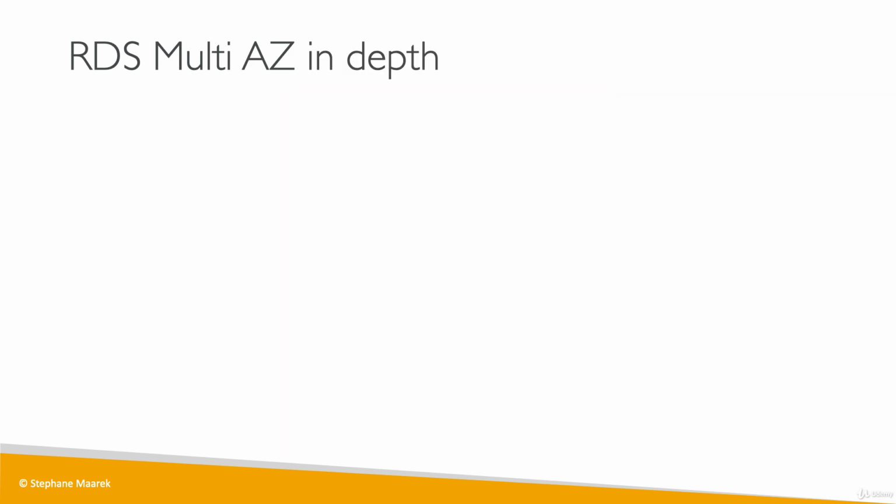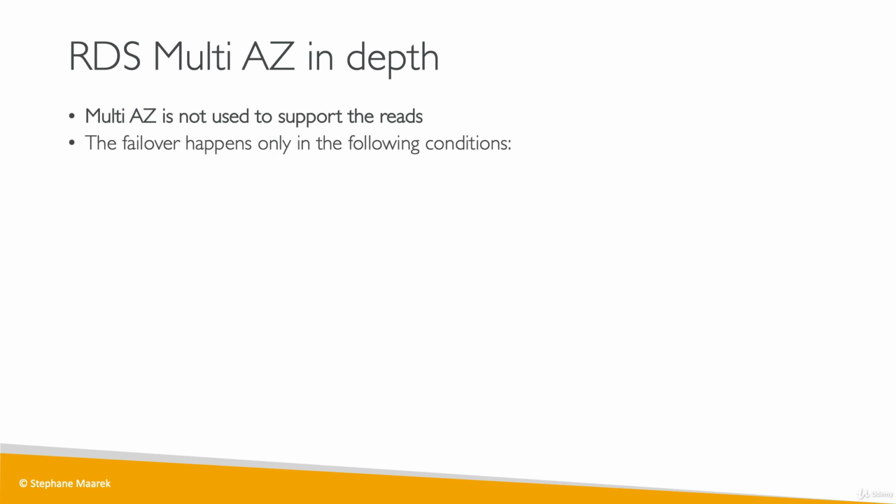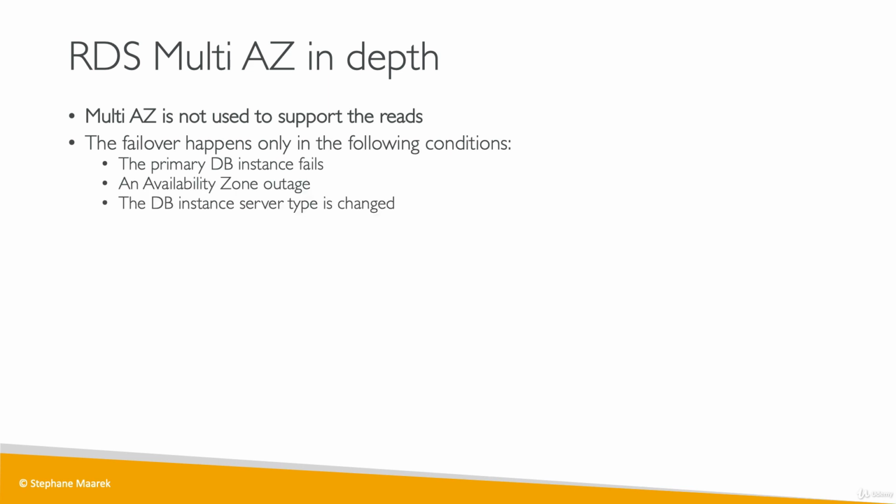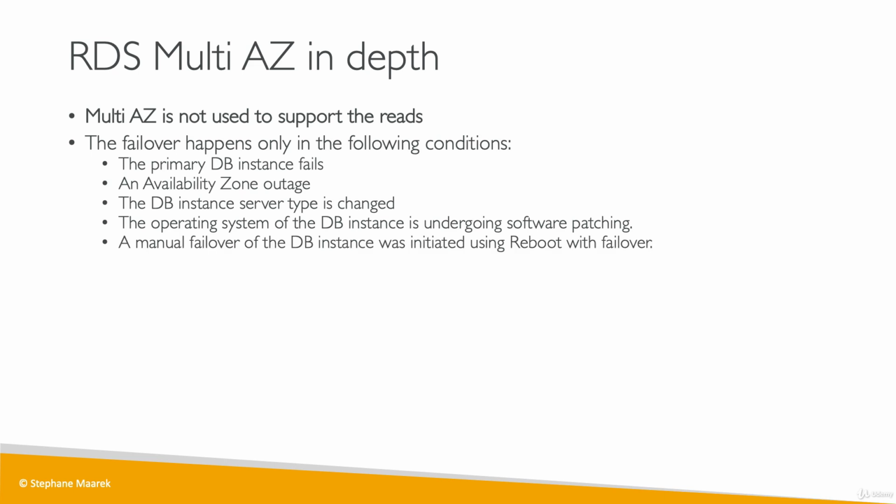Now, in depth, as I said, it's not used to support reads, and you need to know when it fails over. It fails over only if the primary DB instance fails, there is an AZ outage, or the DB instance type is changed, so you're doing some kind of maintenance. Another kind of maintenance is when the OS does software patching, or when there is a manual failover by doing a reboot.